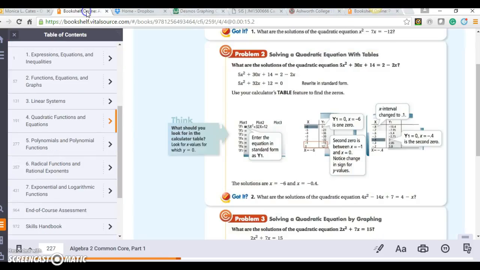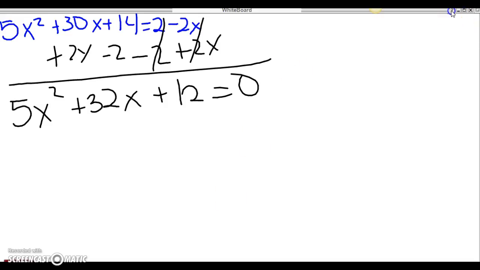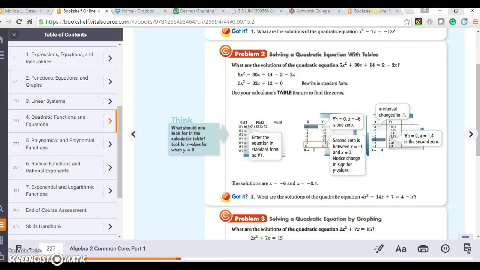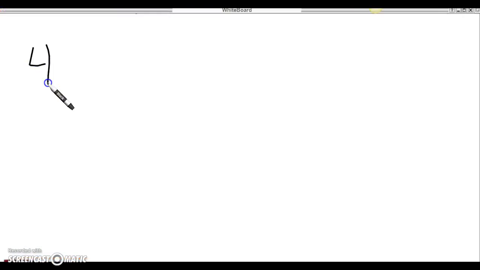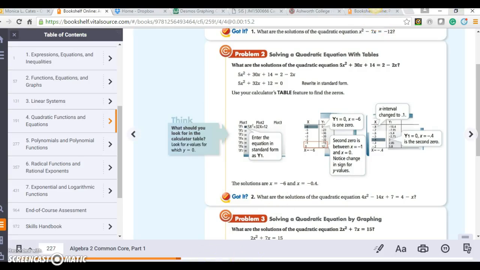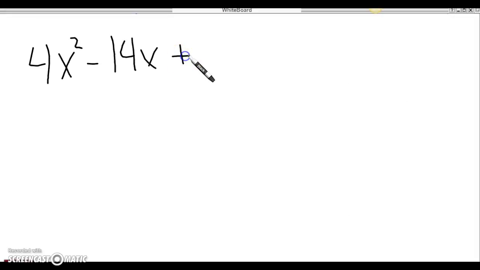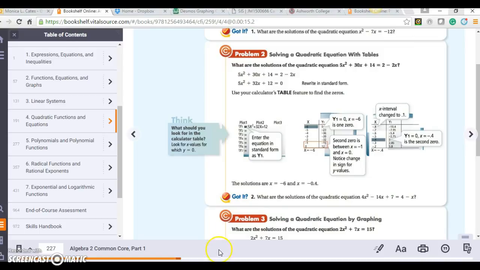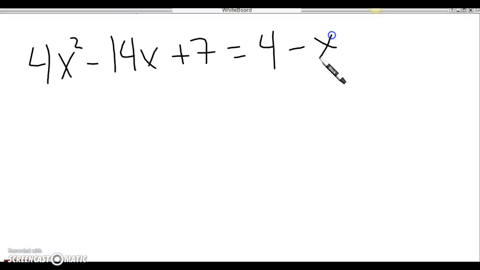Let's look at the next one. Oops, wrong book. So it says, what are the solutions of the quadratic equation 4x squared minus 14x plus 7 equals 4 minus x? So let's write it here on our board. And that was 4x squared minus 14x plus 7 equals 4 minus x.